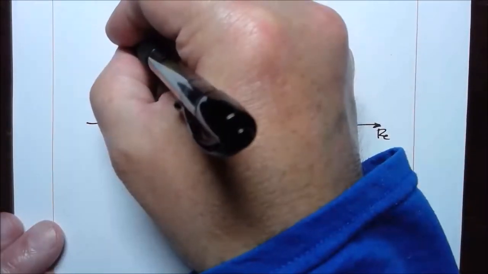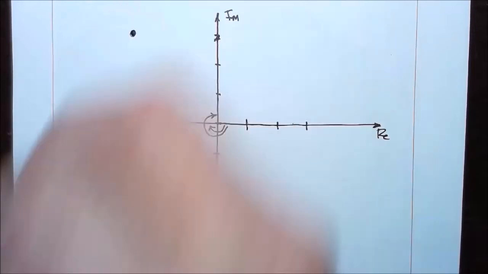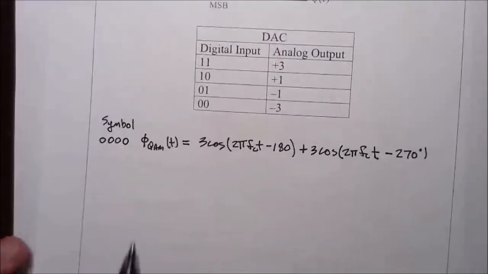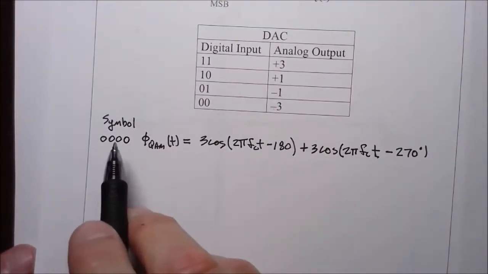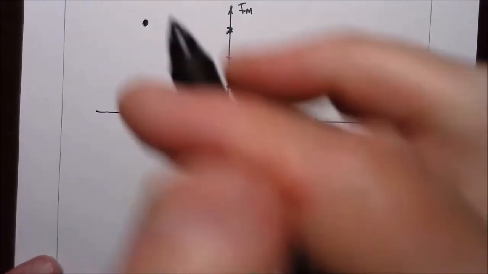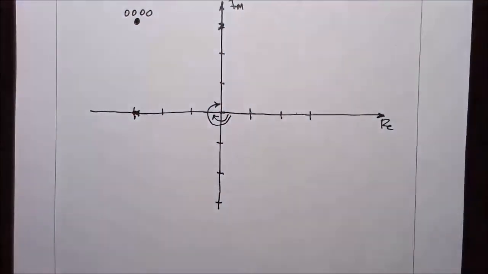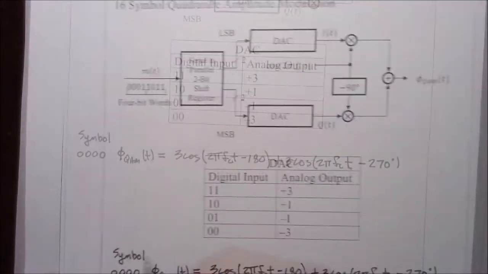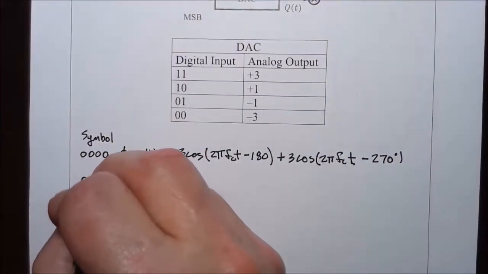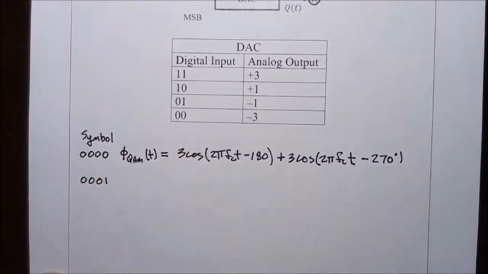This is the point in the constellation diagram that corresponds to the symbol 0, 0, 0, 0. Okay, let's go to the next, which is 0, 0, 0, 1.